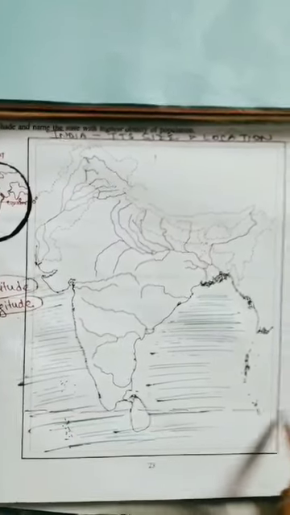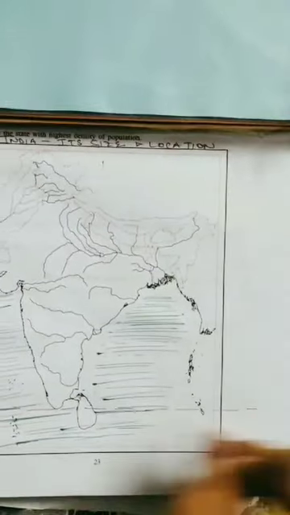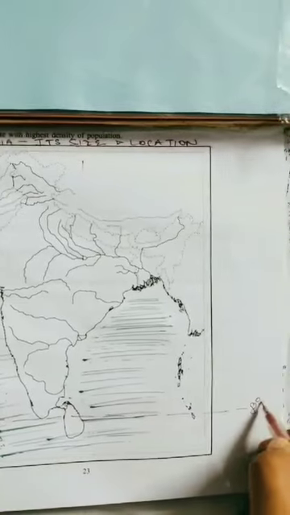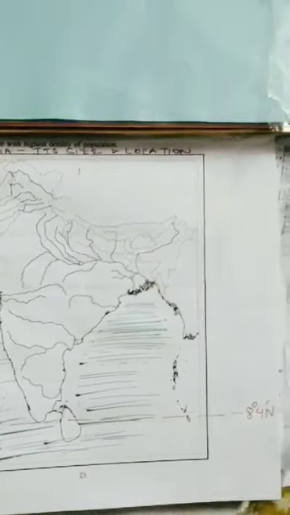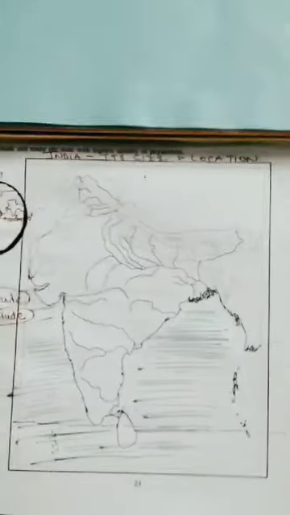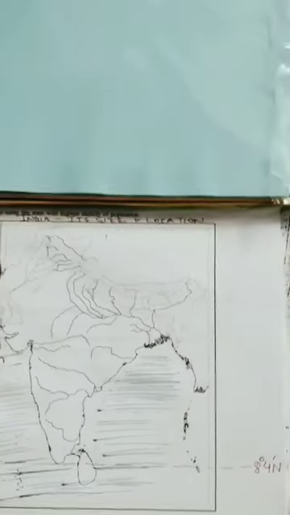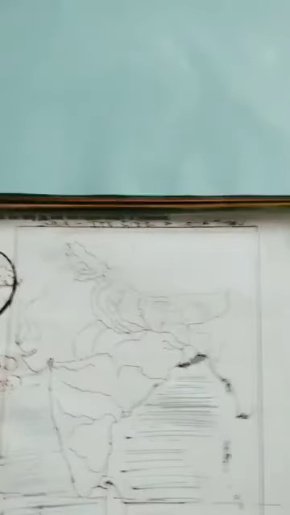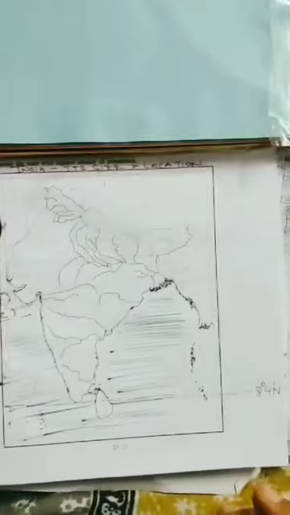The lowermost latitude is 8 degree 4 minute north. As I said already, all the latitudinal values of India will be in the north. Always we will write north because we are located in the northern hemisphere, and always we will write the longitudinal value in the east as we are located in the eastern hemisphere.